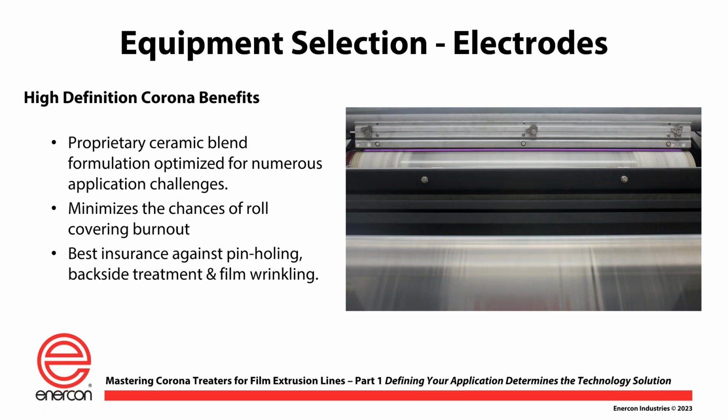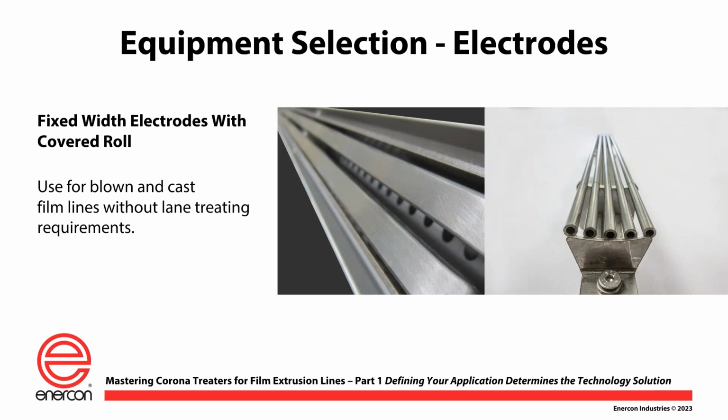So depending on the details of your cast film, in our example here, will drive the decision to go with either a fixed width insulated or ceramic electrode or a fixed width metal electrode. And again, this all depends on what the details are of your particular application.